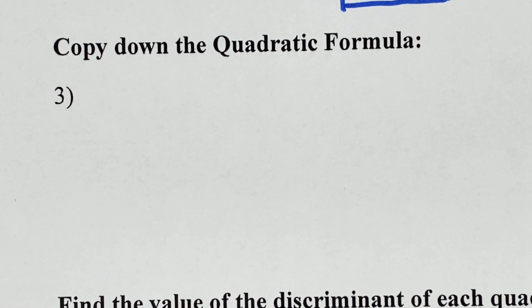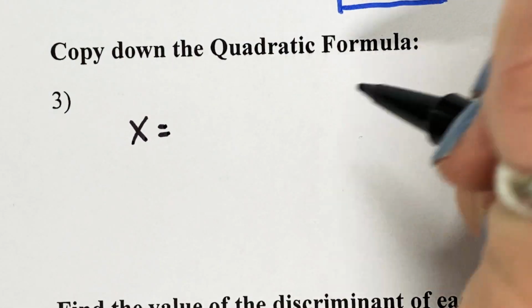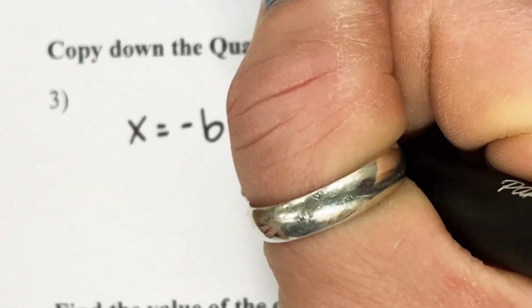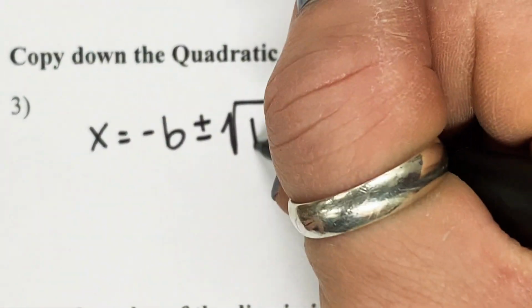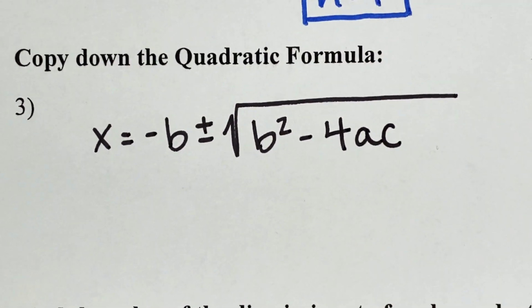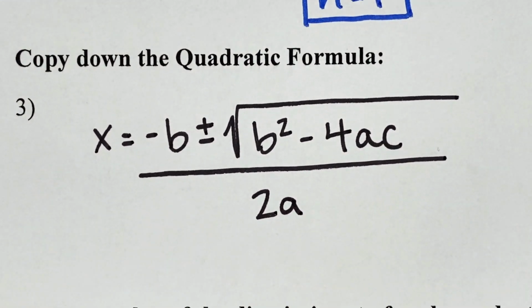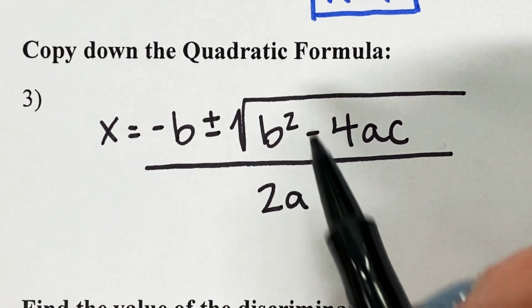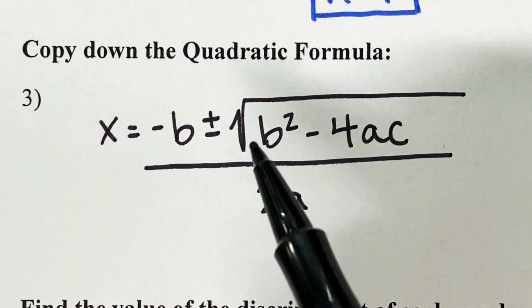Okay, so the quadratic formula is x is equal to negative b plus or minus the square root of b squared minus 4 times a times c, all over 2 times a. Okay, super important. Memorize this formula. If I have to go and YouTube that annoying song to memorize it, do that.